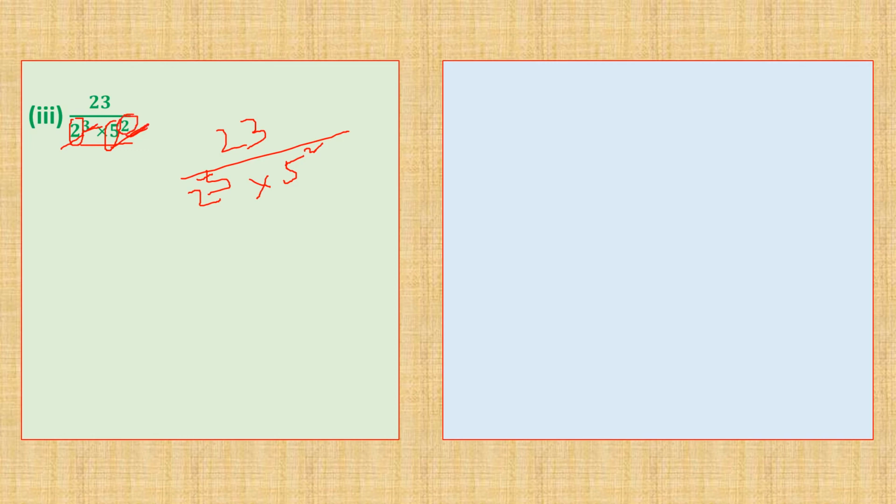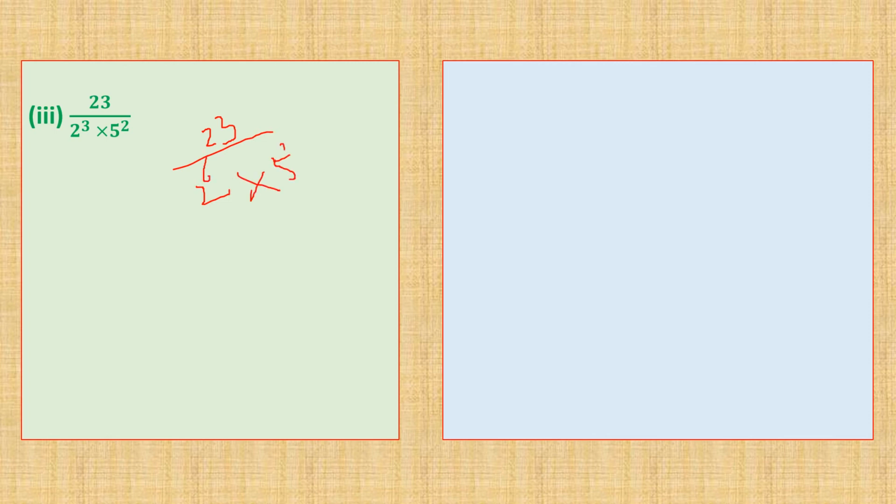How will we make it 3? By just multiplying one time. We want one more 5. Here 2 is there, we want one more 5, so I'll multiply by 5 here and by 5 in the numerator. Okay, suppose I have the question like this: 23 by 2 power 6 into 5 power 2.